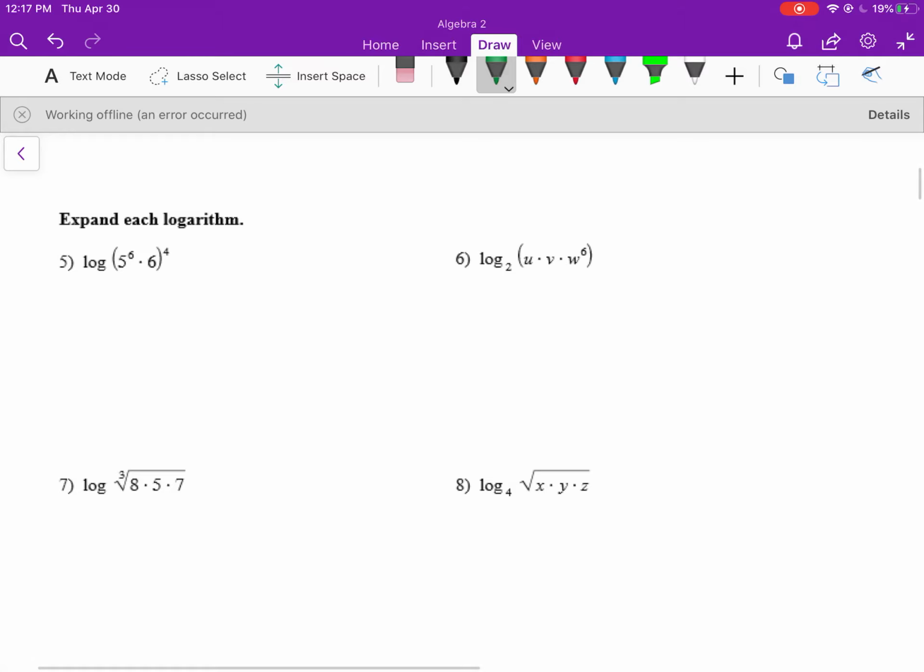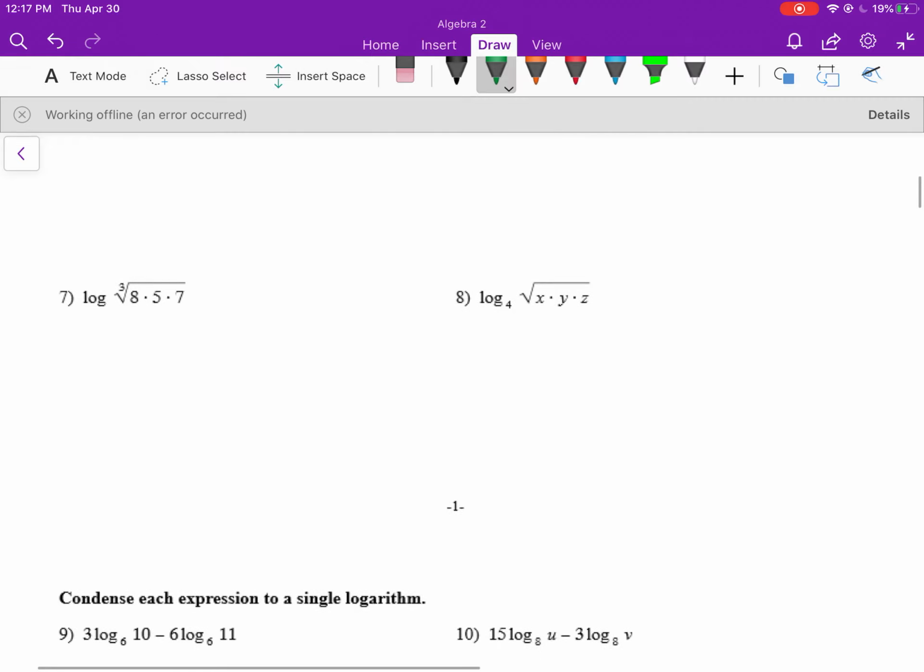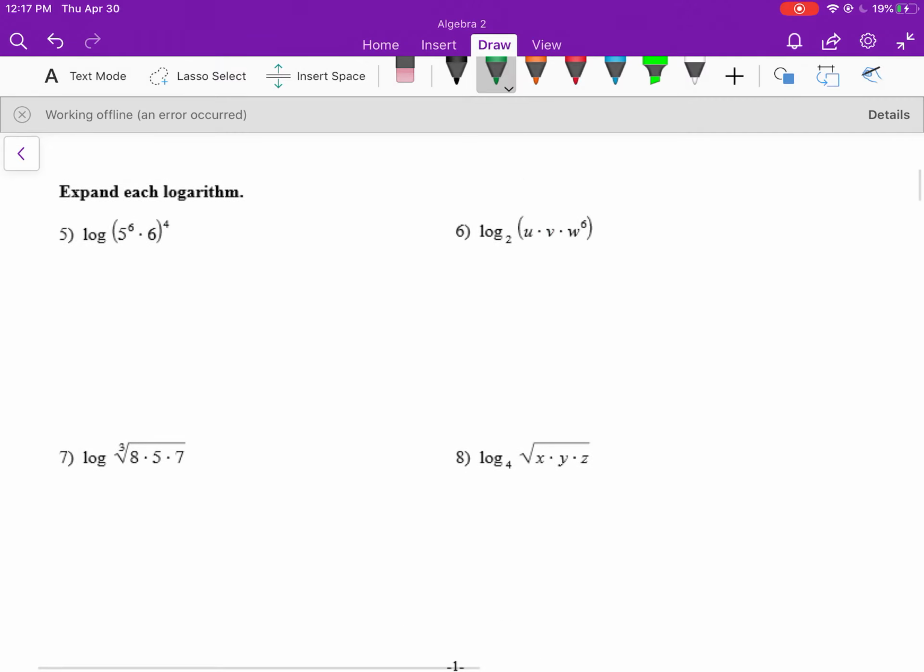And then the next 4 are expanding each logarithm using properties, and the 4 after that will be condensing. So we'll look at a couple of these. So our rules for logarithms, we know that if we have log base b of x plus log base b of y, that's the same as log base b of x times y, and the other way around.